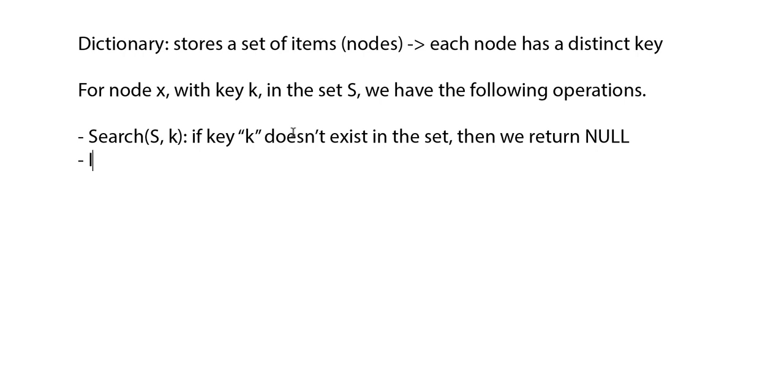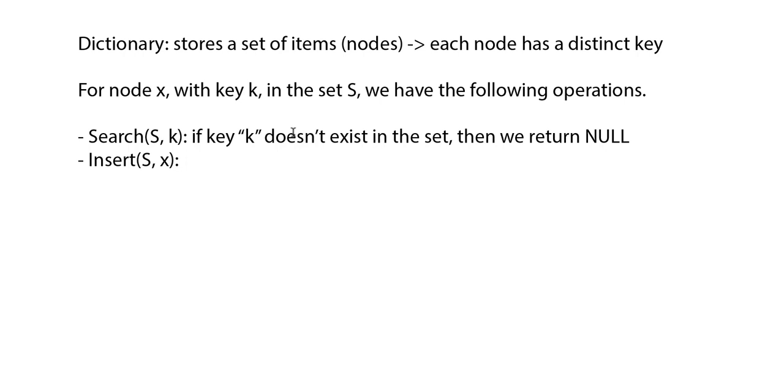What about for insertion? If we want to insert into this set S a new node, then we have to take care of duplicates. What if there's a node already in S with the same key as X? We don't want to duplicate nodes with the same key.